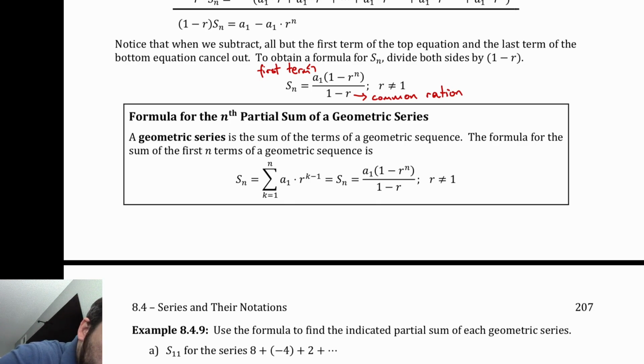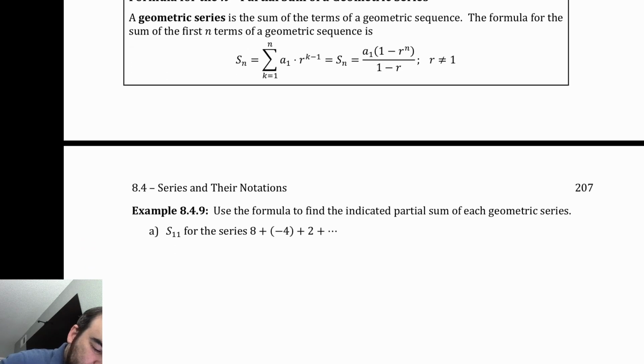R is the common ratio, and then N is obviously the number of terms that we want to add together. All right, so there are only three things again to find the sum of the first n terms of a geometric series.